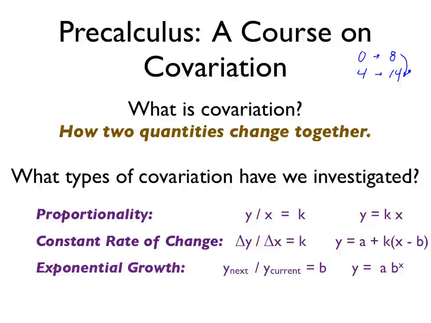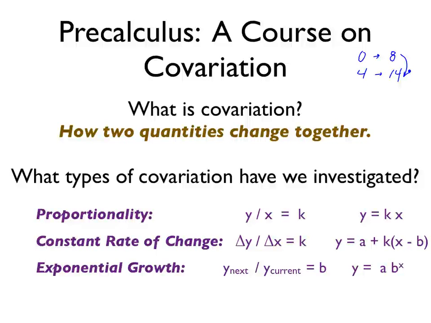So it's the next output divided by the current output that is the constant growth factor, right? So there's many, many different ways that two quantities can change together. Here's just 3 examples. And we've spent a lot of time talking about constant rate of change and exponential growth.